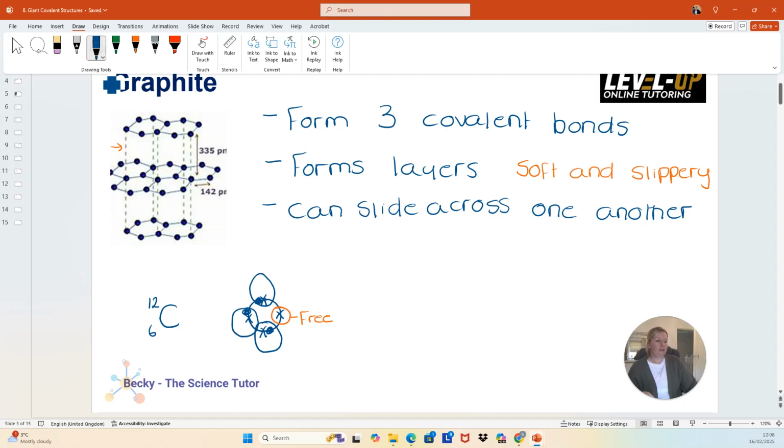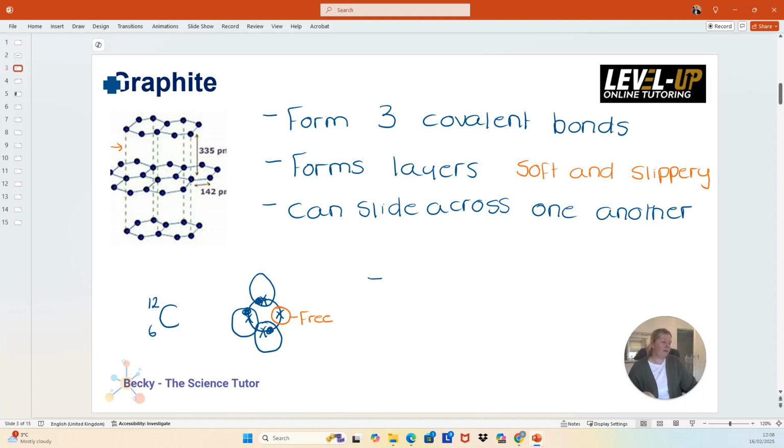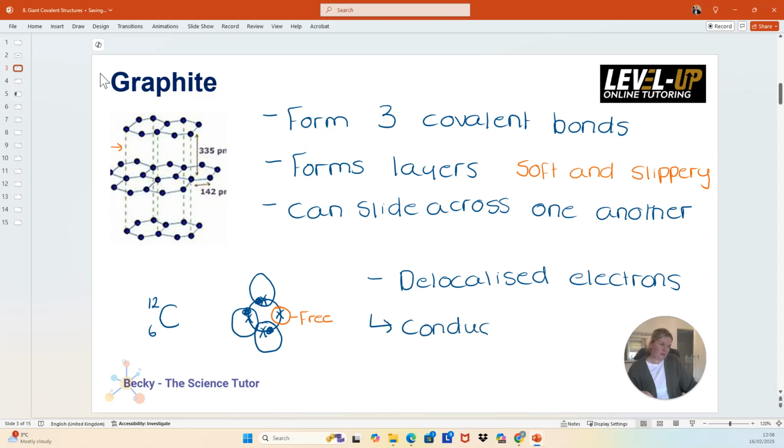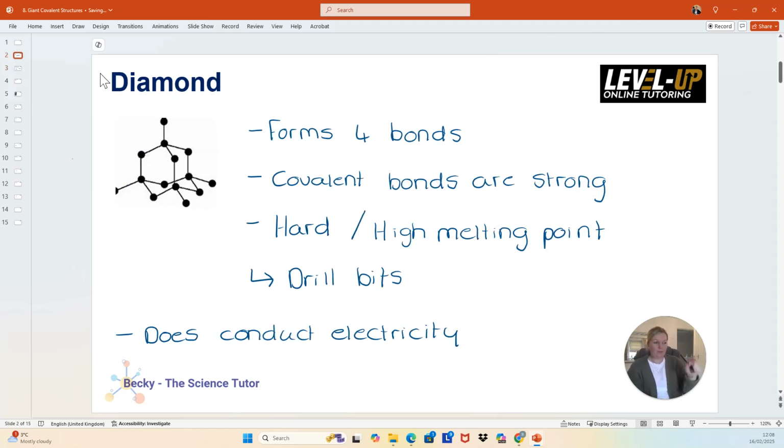Okay, so let's make a note of that. So we have delocalized electrons and that means that graphite can conduct. Now if we very quickly pop back to our diamond, we've put, oh, I've put does conduct electricity.